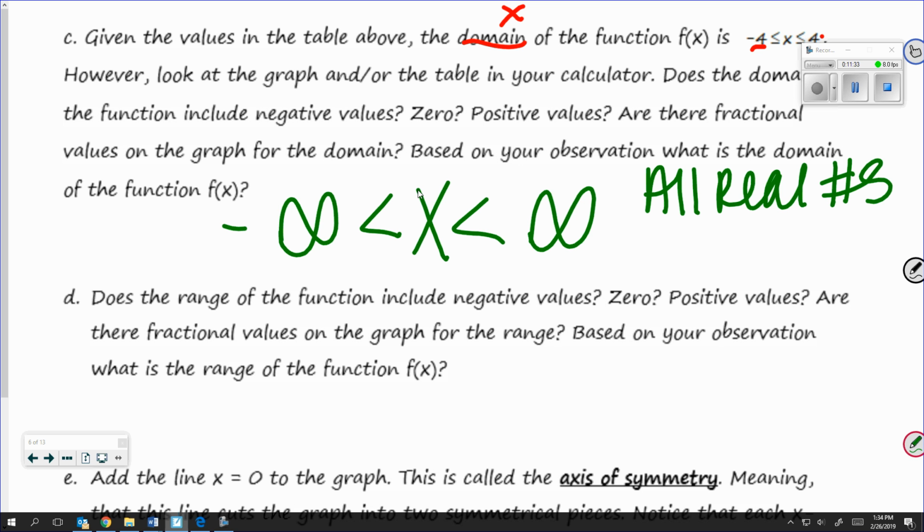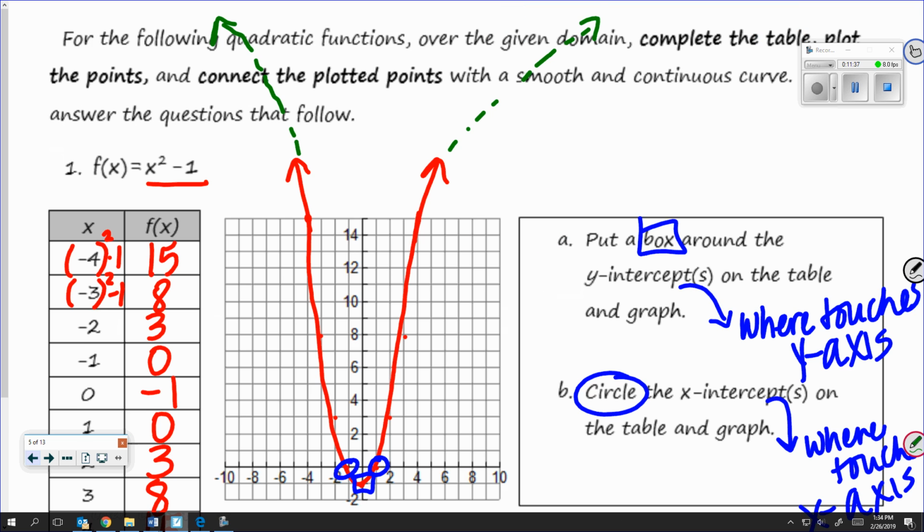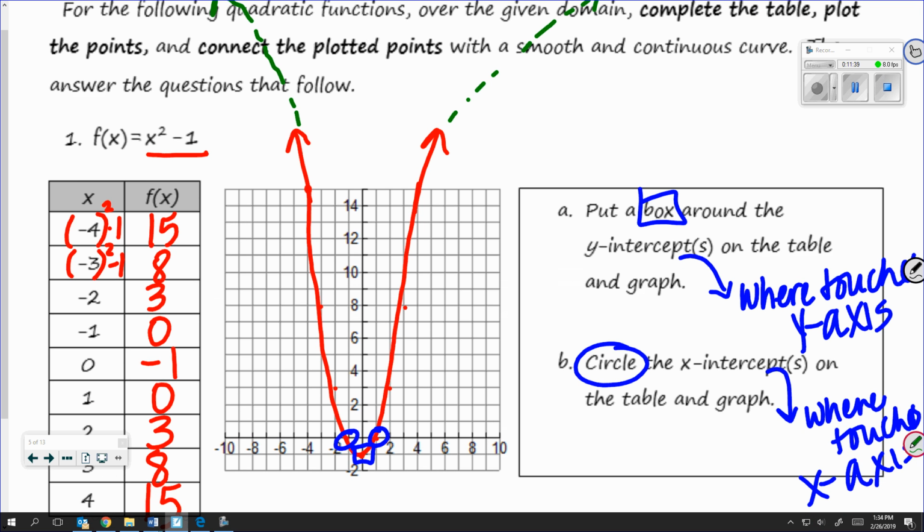Okay. Then it's asking about the range. So if we're looking at my range, can it go all directions? Is it going up forever? Is it going down forever? It's not going down forever. Why is it not going down? Where is the farthest or the lowest it can go?